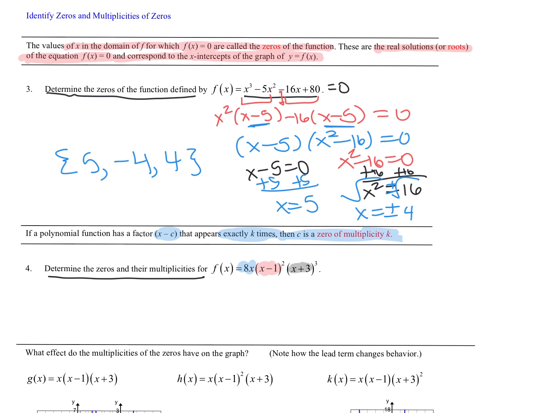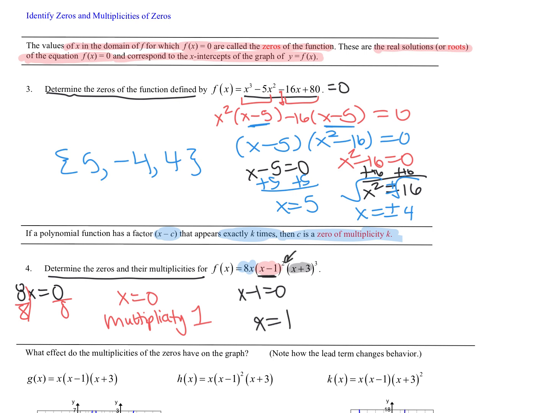I'll use different colors. All right, so I set the 8x equal to 0, and I get x equals 0. And since I only had that one time, I would say that that's a multiplicity of 1. Then I set x minus 1 equal to 0, and I get 1.